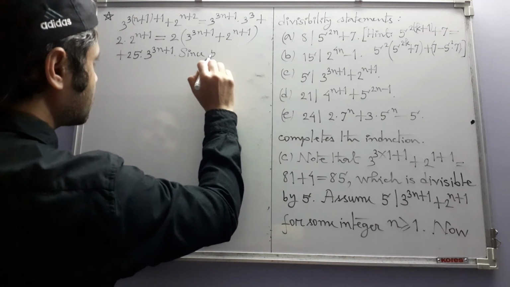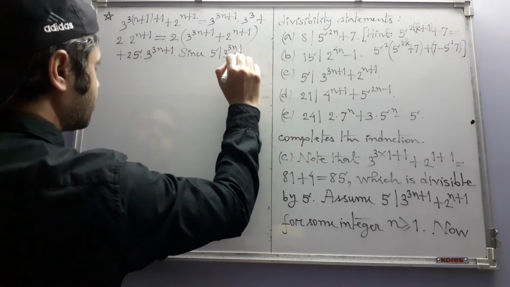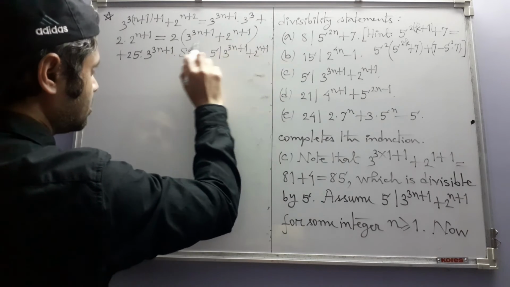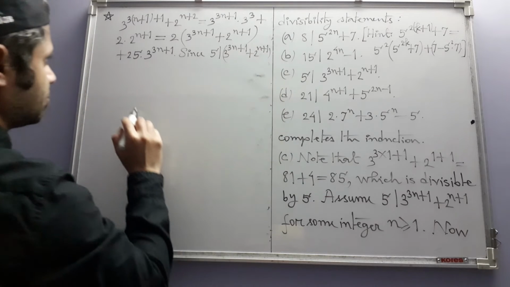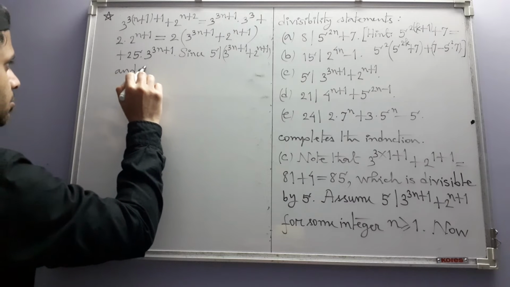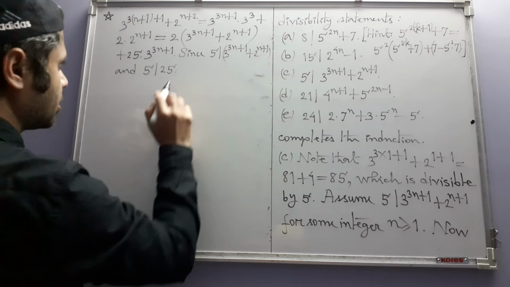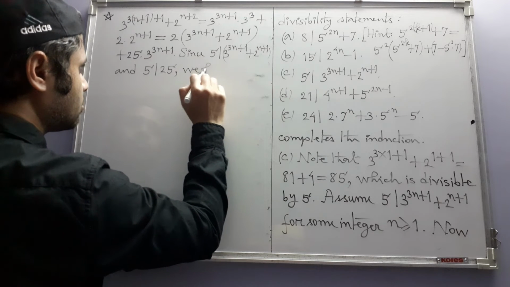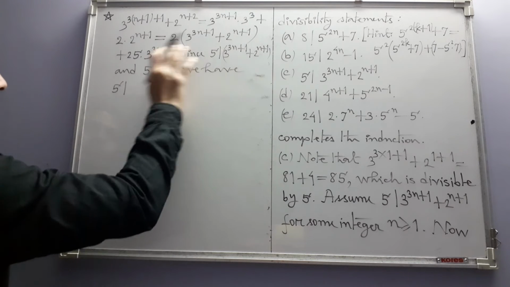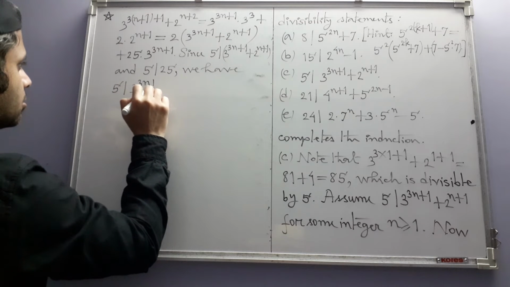Since 5 divides the first term, means this factor in the first term, and that is our induction hypothesis, and 5 also divides 25, so that means it divides the second term. We have 5 dividing their sum or their combination, which ultimately is nothing but this.